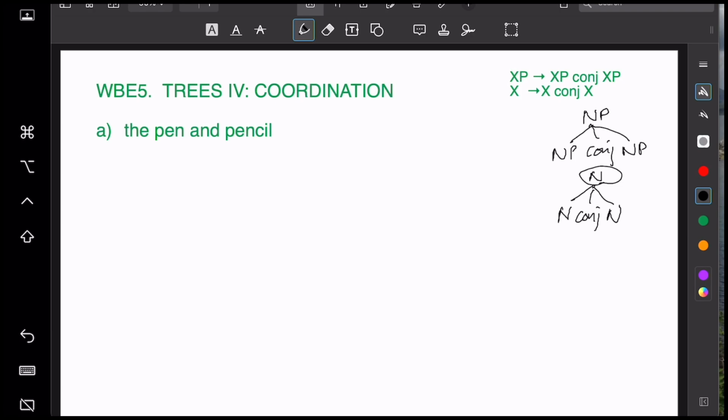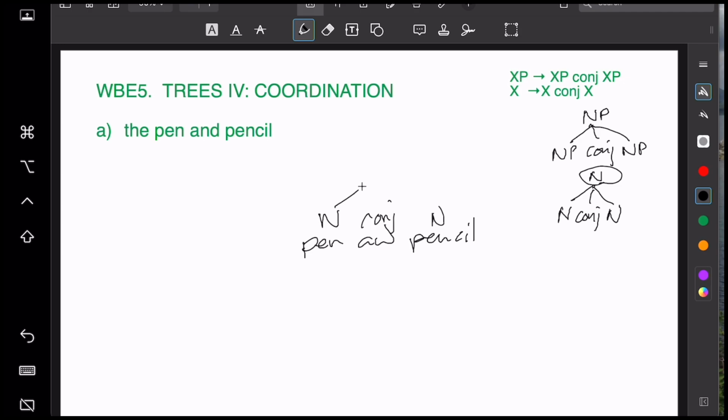This is the phrase, the pen and pencil, where we're conjoining together two nouns. If we're starting at the bottom of the tree, we've got pen and pencil. Those are both nouns. And we have a conjunction.